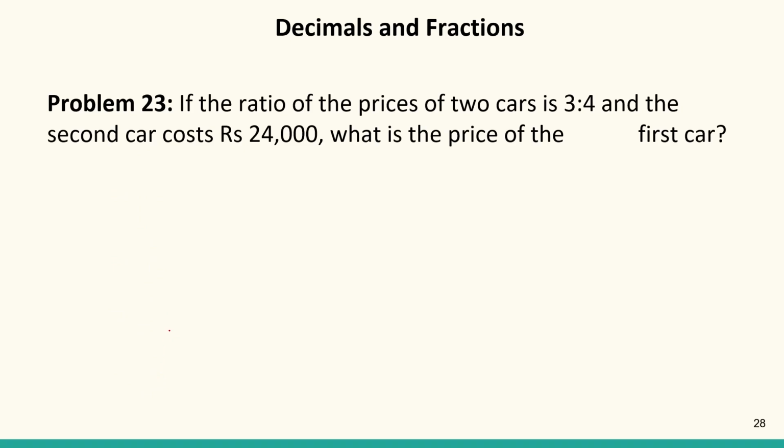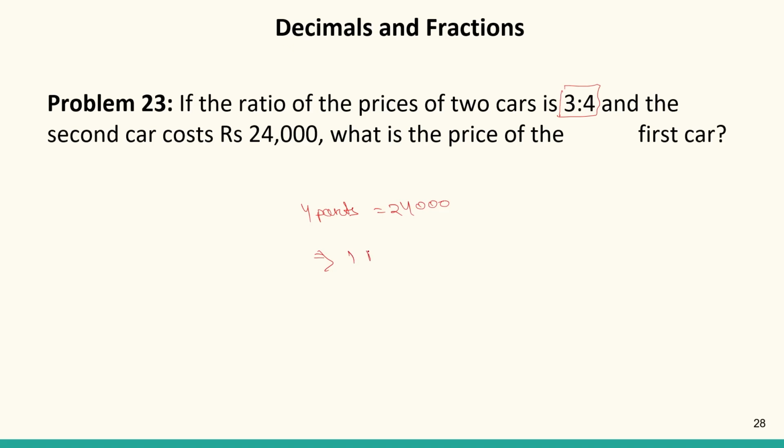Okay, so what problem number 23 asks us is, if the ratio of the prices of two cars is 3:4. Here, if the price of the first car is 3, then the price of the second car is 4. And the second car costs 24,000 rupees. Then what is the price of the first car? Here given that 4 parts is equal to 24,000.